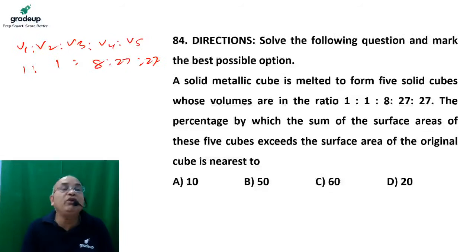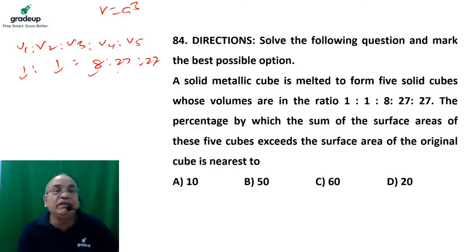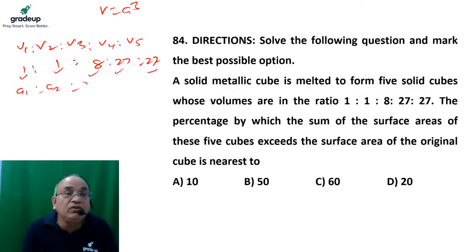These are the volumes of the cubes. Everybody knows the volume of a cube is the cube of the side. It means the sides are in the ratio A1 is to A2 is to A3 is to A4 is to A5.